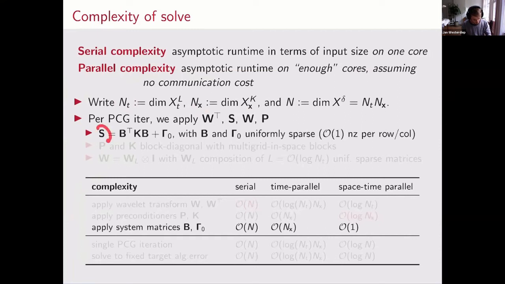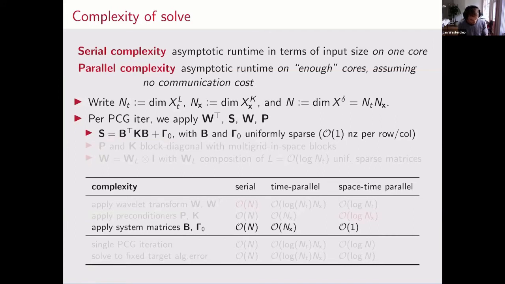So this normal equation, the practical system matrix, consists of these couple matrices, and this B and gamma naught are both uniformly sparse, right? We have a constant number of non-zeros per row and column.